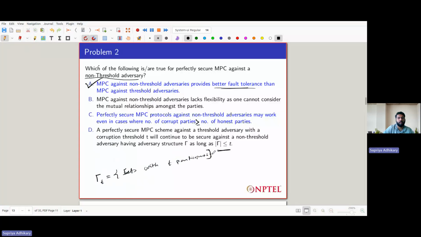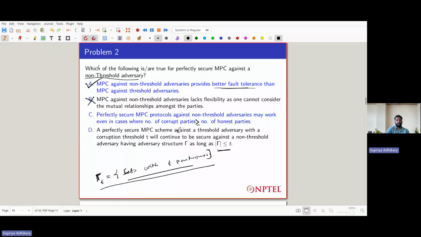So this will be our adversary structure. Now, for this adversary structure, we can use the non-threshold model and create the MPC protocol for that. So this is not true.